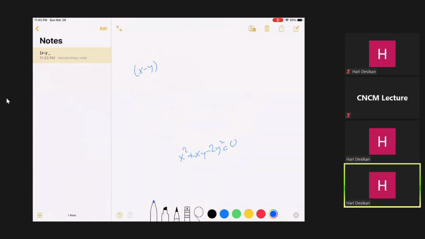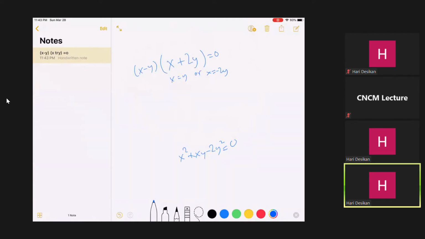Then we can figure out what x minus y times what equals this expression. The first thing has to be x, and it's minus 2y squared, so it's probably plus 2y. Does this work out? x times 2y is 2xy, minus xy is xy. So all the terms work out. So this equals 0, which means x equals y, or x equals negative 2y.